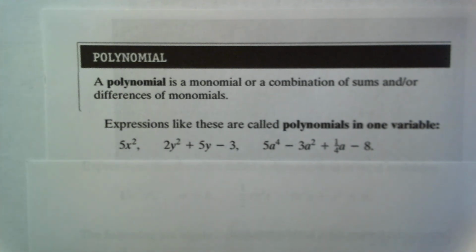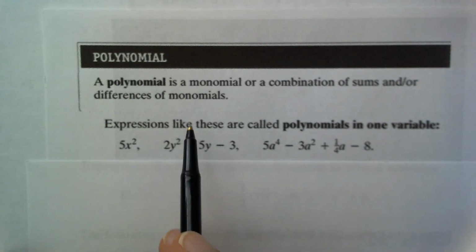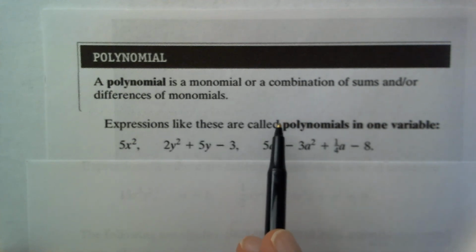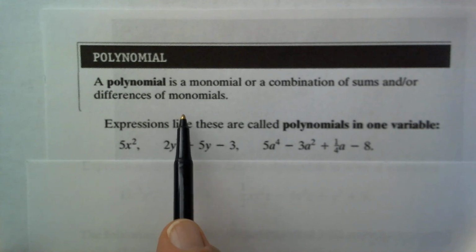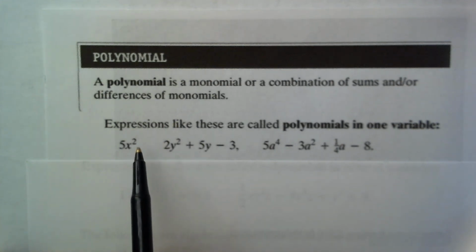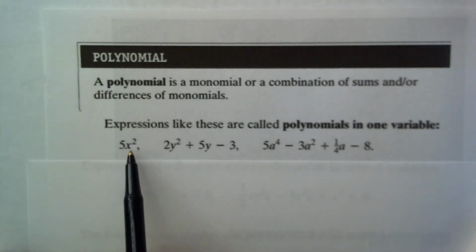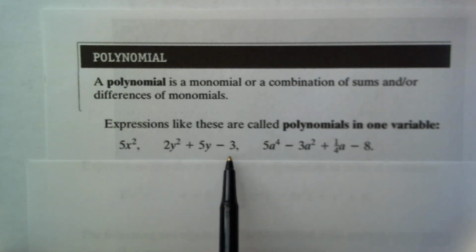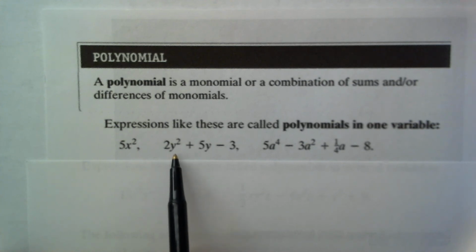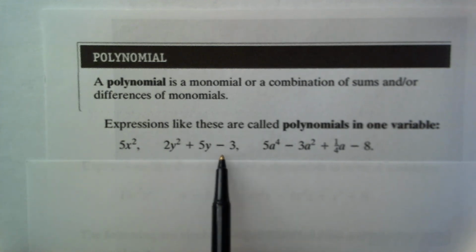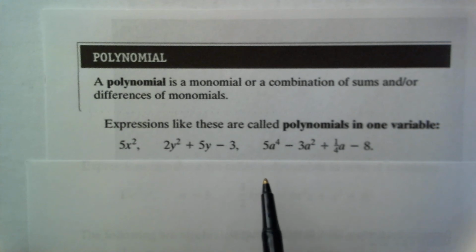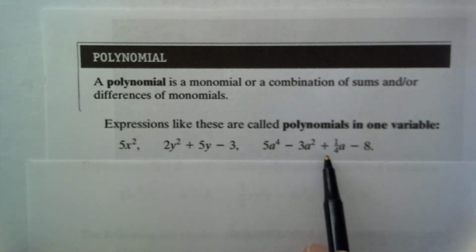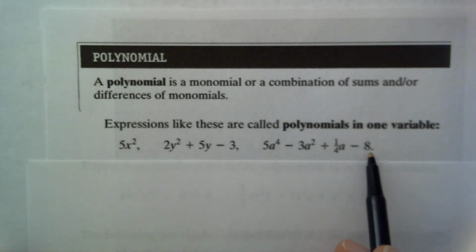Next, we have the definition of a polynomial. And so a polynomial is a monomial or a combination of sums and or differences of monomials. So here we see it, for example, here's a monomial, 5x squared. Here's a polynomial, it has more than one term, 2y squared plus 5y minus 3, so that is a polynomial. Or 5a to the fourth minus 3a squared plus 1/4 a minus 4.